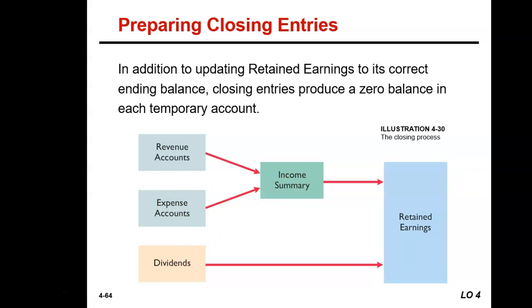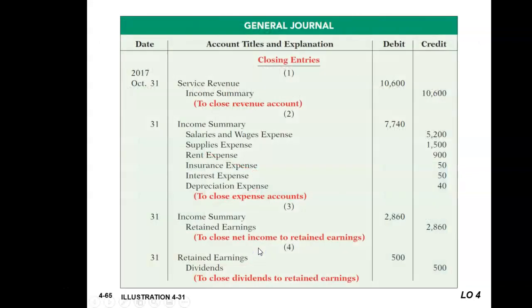We have a closing entry acronym. We call it REID, R-E-I-D. The R, revenue, expenses, income summary, dividends, R-E-I-D, REID. So once you completed those 4 steps, any account that is temporary will now have a 0 balance.